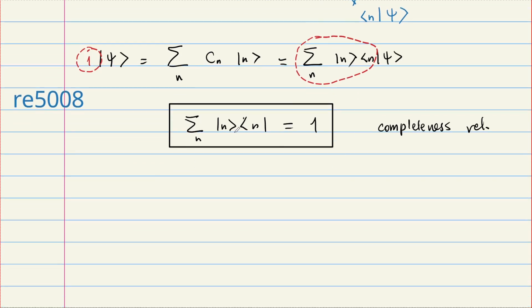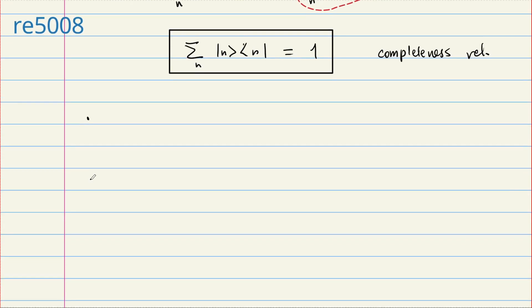Now, if we can do this in the n basis, we can do it in the position basis. In position, we have some operator x. X is an observable.